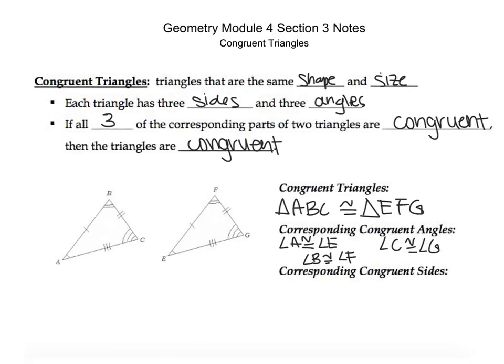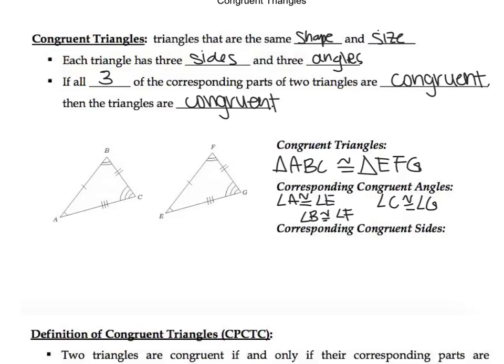Not only do the angles match up, but the congruent sides do as well. So I have AB, which means my side AB has to be congruent to side EF because of the ordering of the letters. And if I look in the picture, AB is congruent to EF. I then can say AC is congruent to EG, and in the picture, AC is congruent to EG.